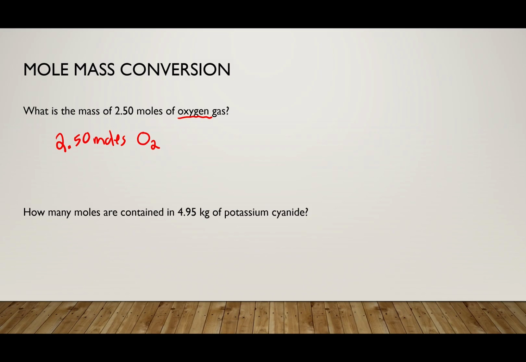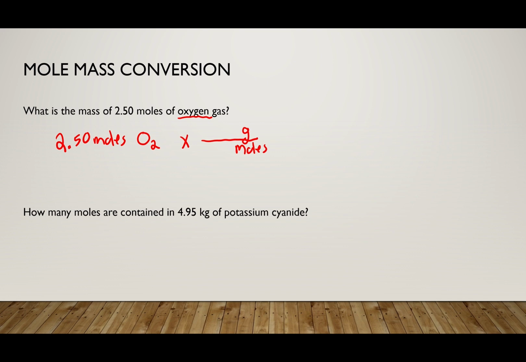So we have 2.50 moles of oxygen gas, and we're looking to find the mass of this. If we set up our dimensional analysis, we are converting our moles into grams, our mass. So we want our grams, and so we'll put that in the numerator. We already have our moles, and now it's a matter of just filling in what the conversion is.